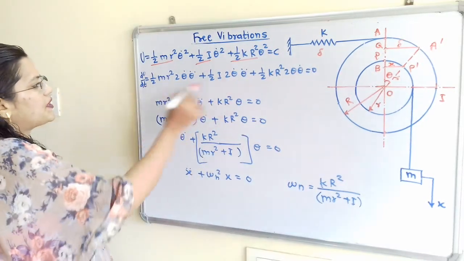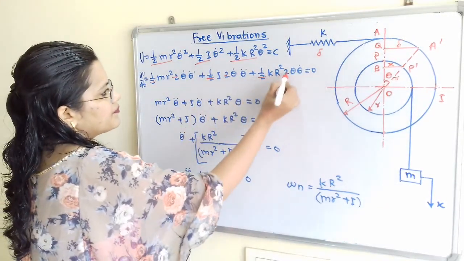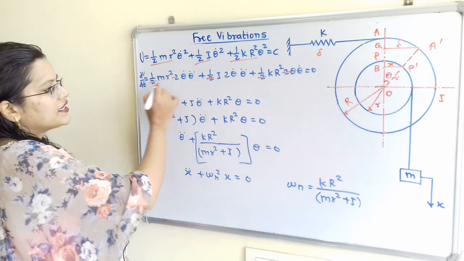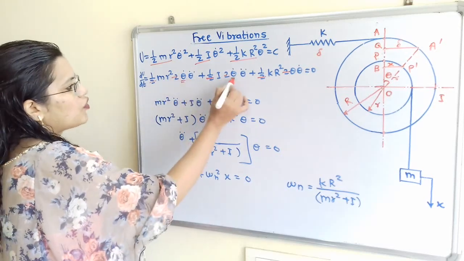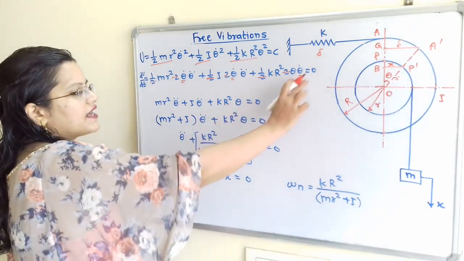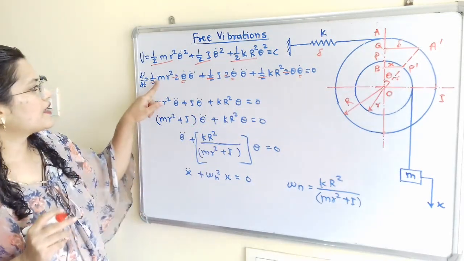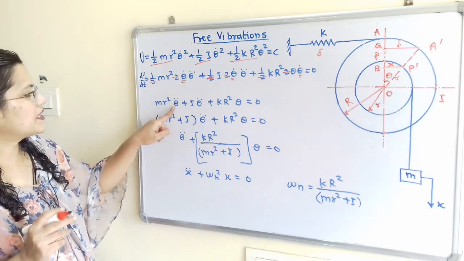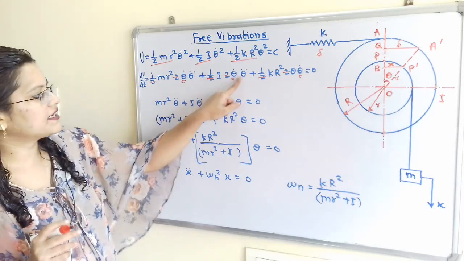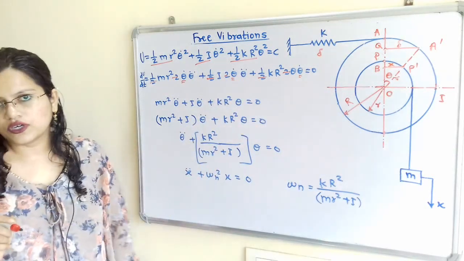Now if we simplify this, the half and 2 get cancelled. In each term theta dot is the common term, so we will take it outside the bracket and transfer it to the right hand side, so it becomes 0. So we can write m r square theta double dot plus I theta double dot plus k r square theta is equal to 0.